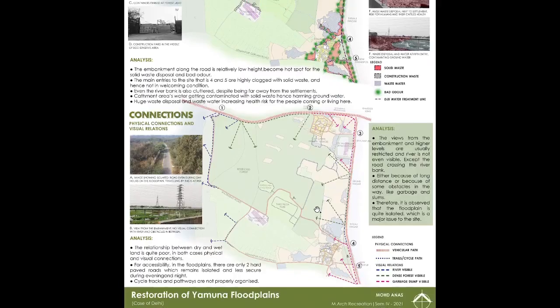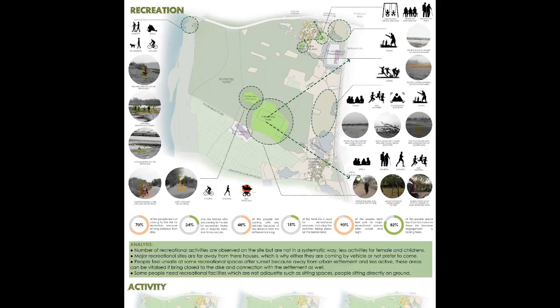Then coming on to the recreational part, recreation is still happening on the site as people are coming onto the barren land to play and do things. But these are mostly youngsters from the male population, and no activities for the female population are happening on the site. Moreover, the recreational space, that is the Third Coastal Park, is far away from these dense settlements, so they are unable to reach there, or often they use vehicles to reach there.